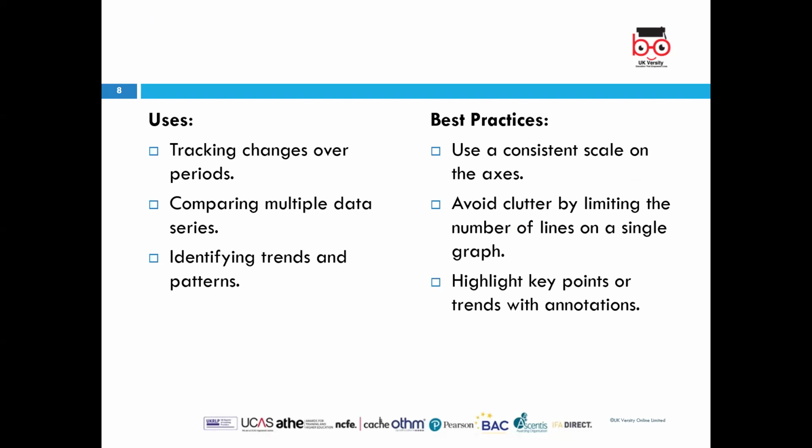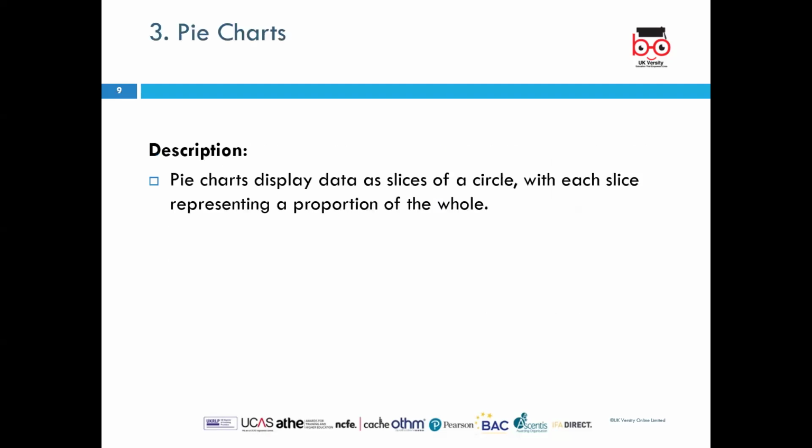Benefits of our linear graph: tracking changes over a period, comparing multiple data series, identifying trends and patterns, while the best practice is to use consistent scale of axes, avoid clutter by limiting the number of lines on a single graph, and highlight key points or trends with annotations.